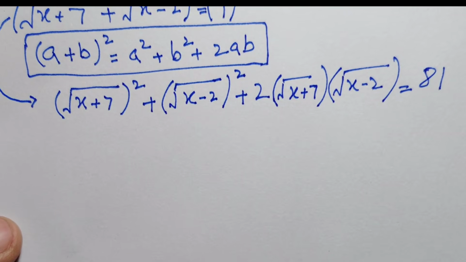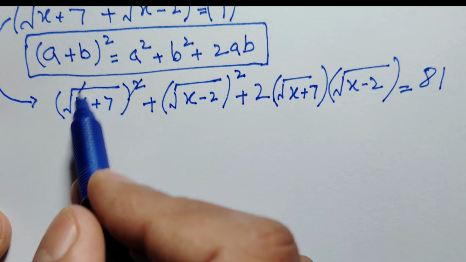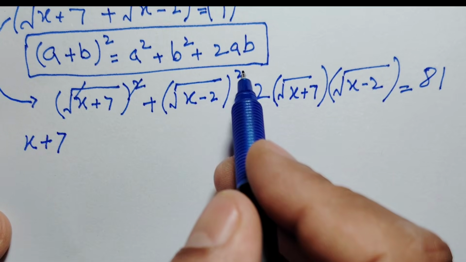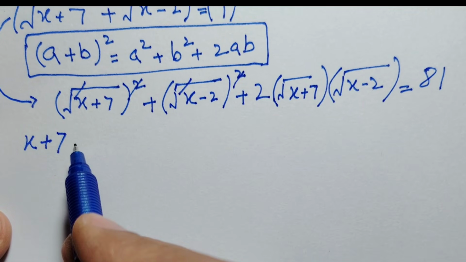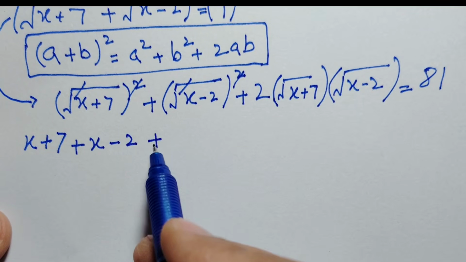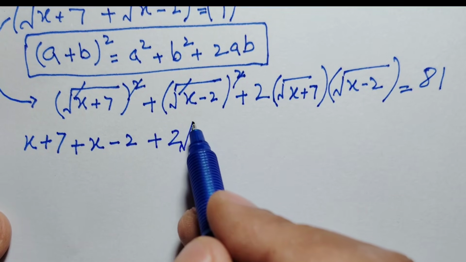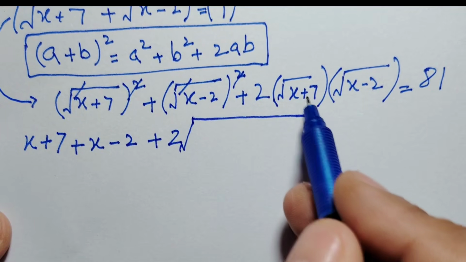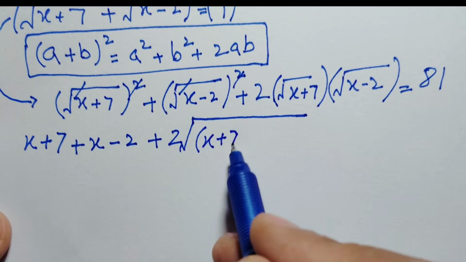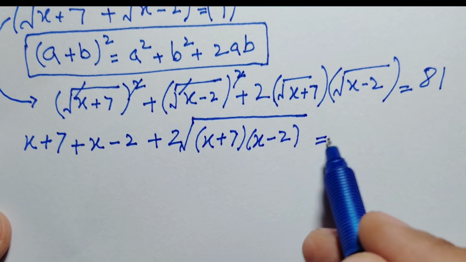Now our equation becomes: square cancels the square root and we get x plus 7, plus x minus 2, plus 2ab, which is square root x plus 7 into x minus 2, is equal to 81.